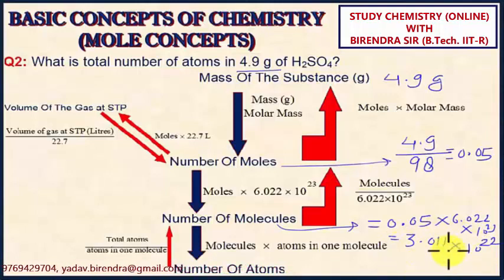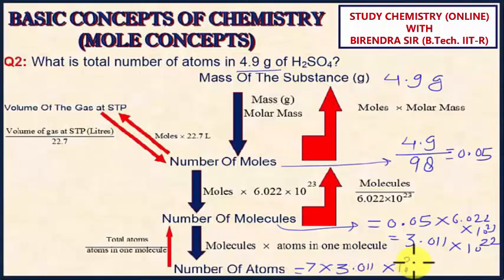Now these are the number of molecules. One molecule of H2SO4 has how many atoms? 2 hydrogen, 1 sulfur and 4 oxygen. So total 7 atoms are there. So the number of atoms will be 7 into 3.011 into 10 raised to 22.